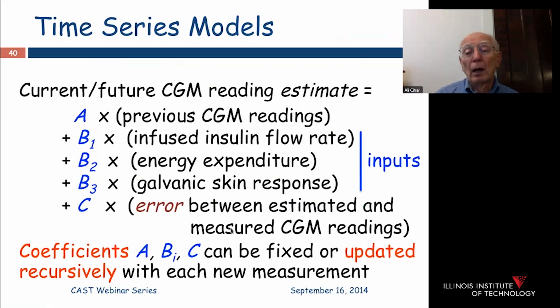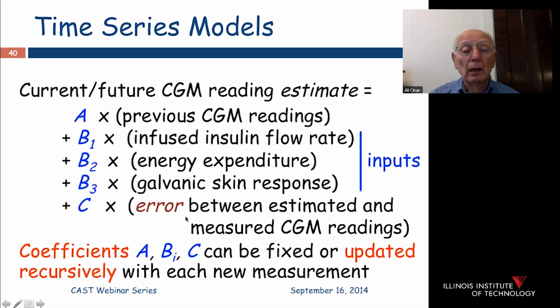So the time series model is going to have the previous CGM readings and as inputs infused insulin flow rate, energy expenditure, and galvanic skin response. Both of these turned out to be the most informative variables from the Armband in improving the prediction of the glucose values. So we have kept them in model development.